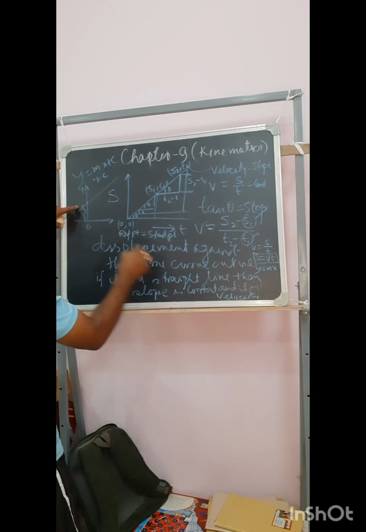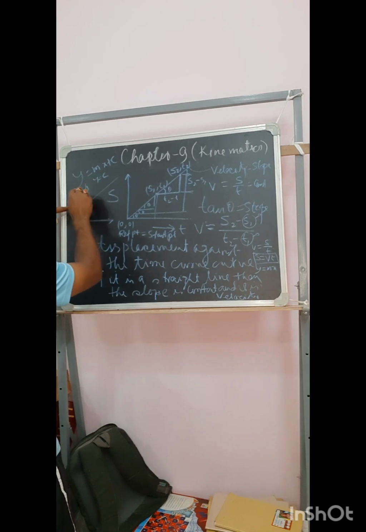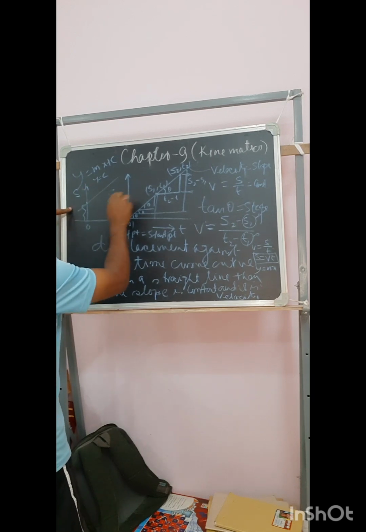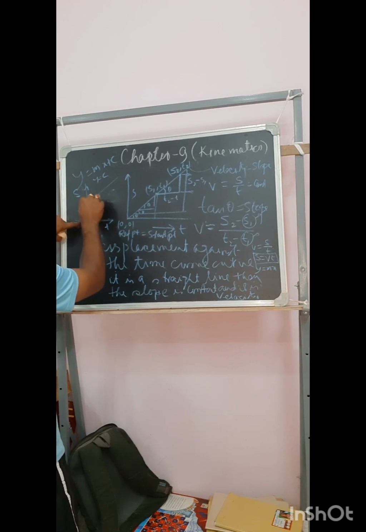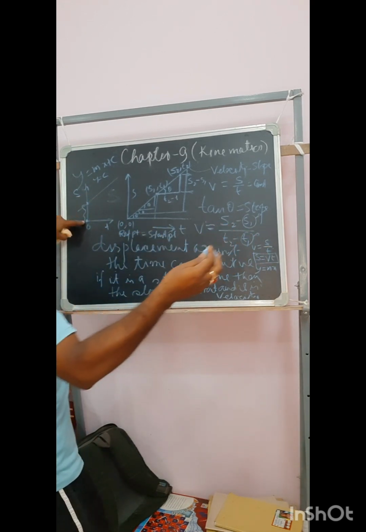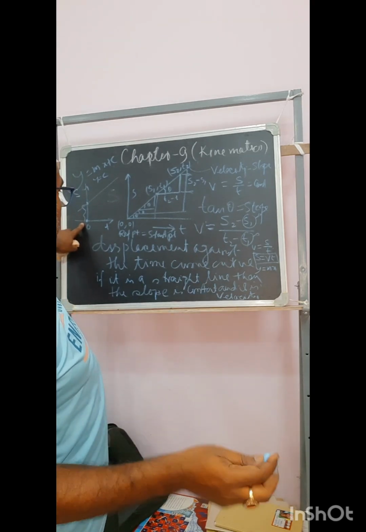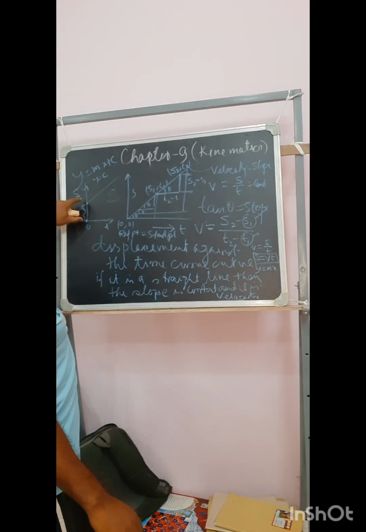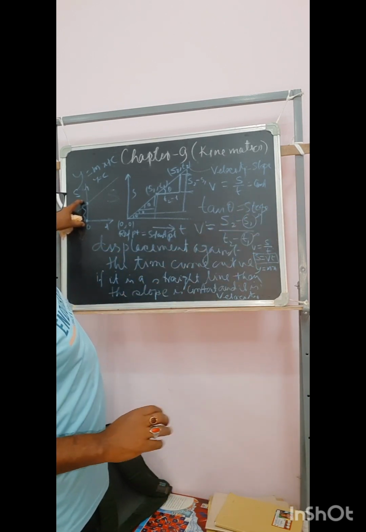If I consider this s and t graph, with this as s and this as t, there can only be an initial cut when the reference point and the start point are different. In an exam or in any example, it may be given that your start point is that much distant from the reference point.